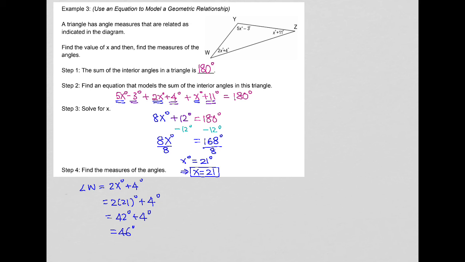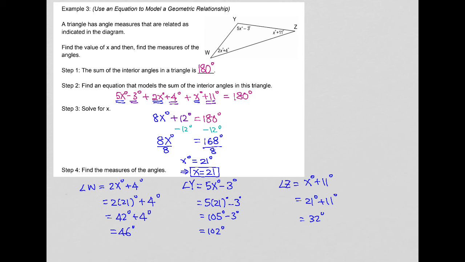Let's try another one, angle Y. Angle Y equals 5x degrees minus 3 degrees, which is 5 times 21 degrees minus 3, which is 105 degrees minus 3 degrees, which is 102 degrees. Last one, angle Z equals x degrees plus 11 degrees, which is 21 degrees plus 11 degrees, which is 32 degrees. So now we find 3 angles in the triangle.